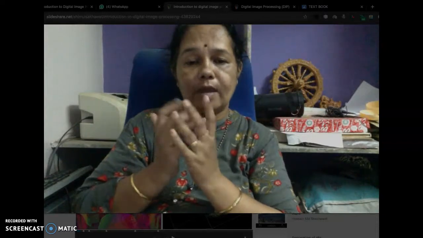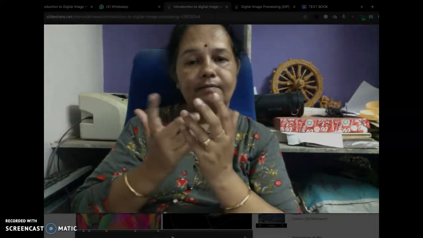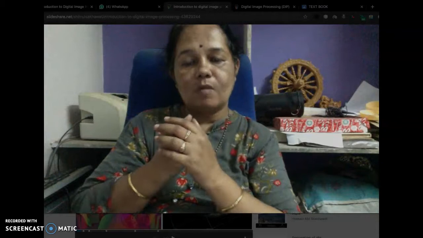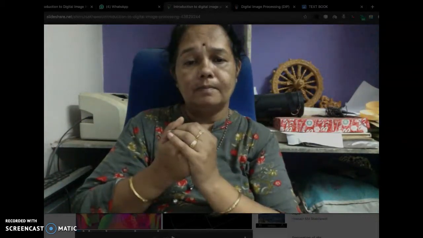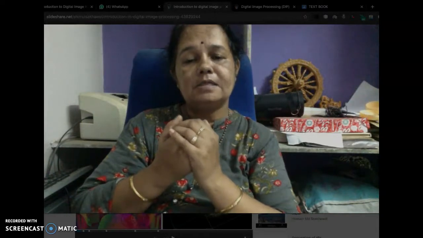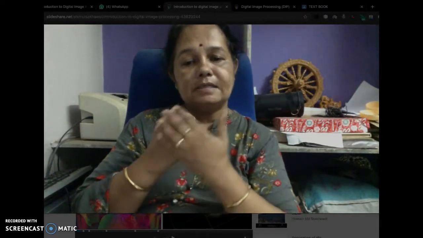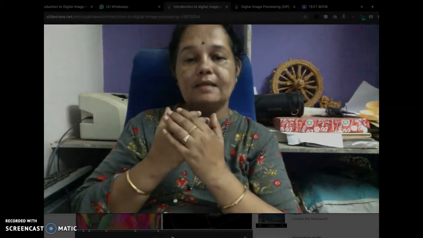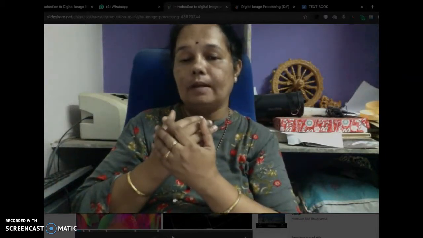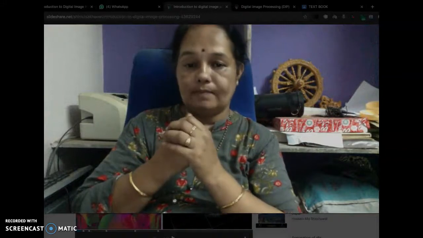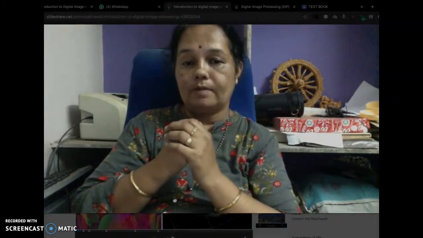If they had seen it, within a small glance they would have concluded that it is an elephant. So touch sensing is less prominent compared to seeing. Seeing is that important.